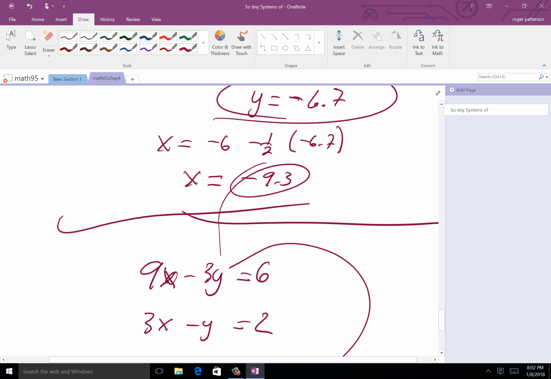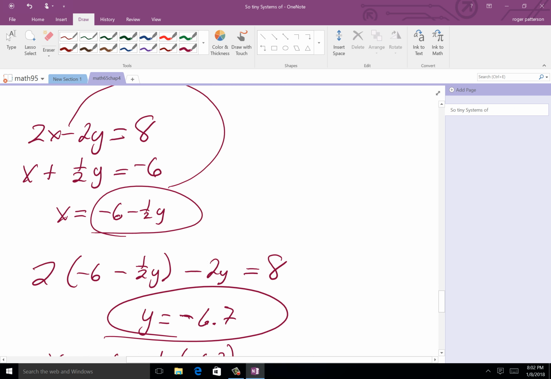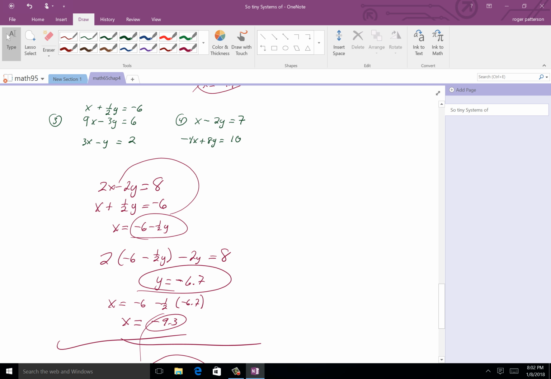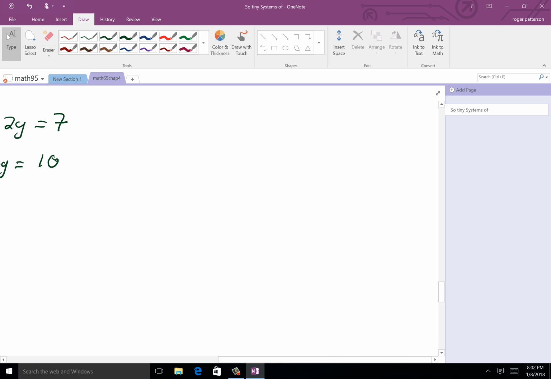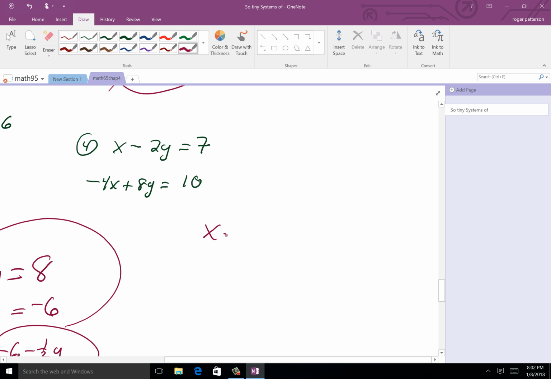Last one. Oh my goodness, here we go. Last one. X minus 2y equals 7, and negative 4x plus 8y equals 10. Obvious, what are we going to solve for? X, right?